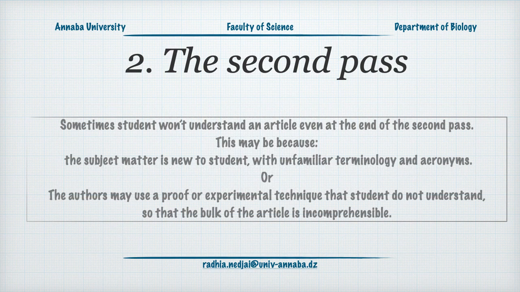Sometimes students will not understand an article even at the end of the second pass. This may be because the subject matter is new to students, with unfamiliar terminology and acronyms. Or the author may use a proof or experimental technique that students do not understand, so that the bulk of the article is incomprehensible.